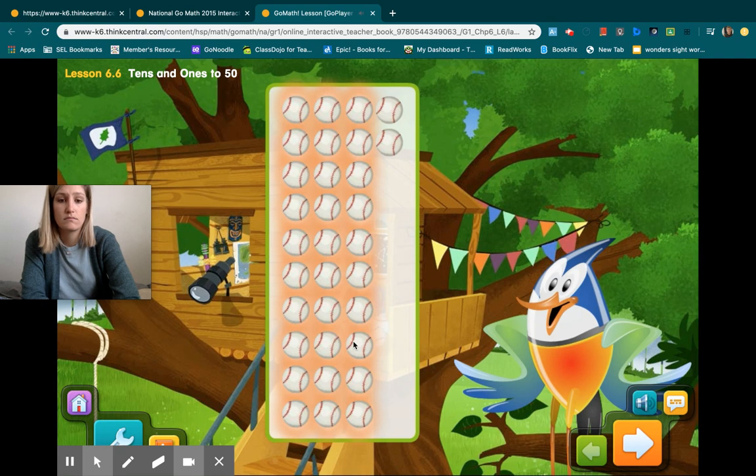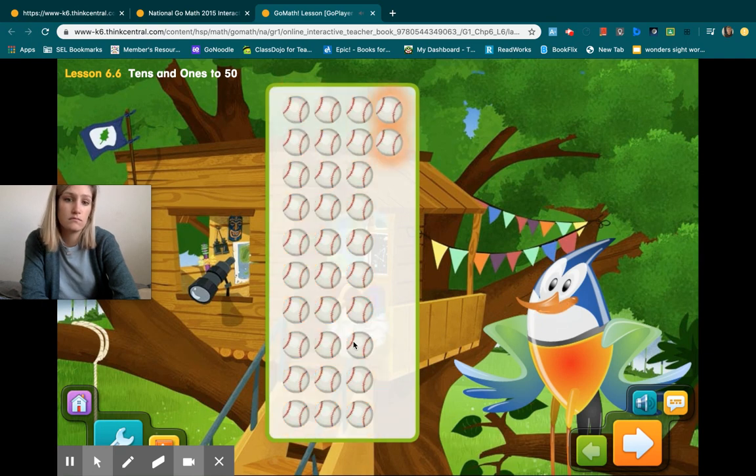Some of the baseballs are in groups of 10, and some of them are not. So how many tens and ones do you think are here? Can you tell? Maybe we need to learn a little more about showing numbers as tens and ones. Let's see what we can find out.